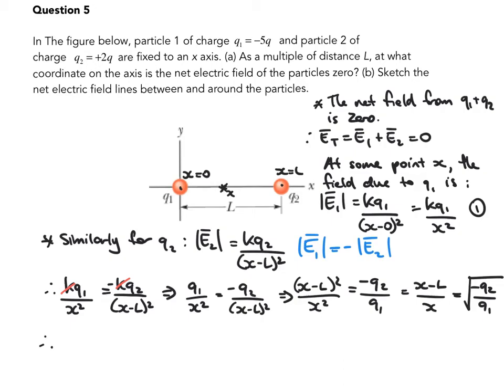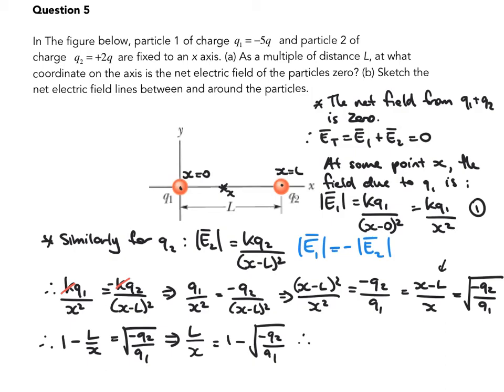So therefore, if we just divide through on this side by the x, we get 1 minus L on x equals square root of negative Q2 on Q1. So then L on x equals 1 minus square root of negative Q2 on Q1. Therefore, x, just by doing some other rearrangement, is equal to L over 1 minus square root of negative Q2 on Q1.